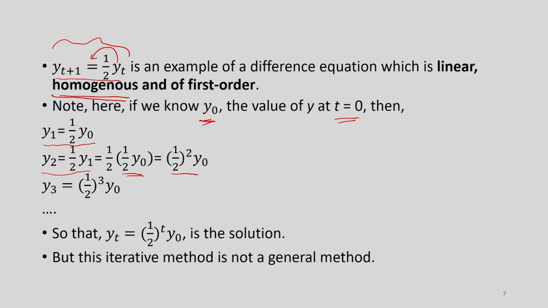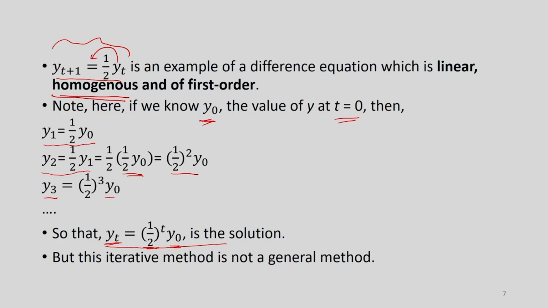It is half whole square y0. Likewise, y3 will be half whole cube y0. So, you can see there is a pattern that is coming out from this series, and in general one can write y t, that is the value of y at period t, is equal to half to the power t multiplied by y0, and this is the solution of this difference equation.